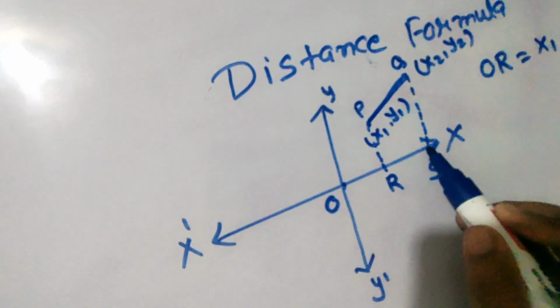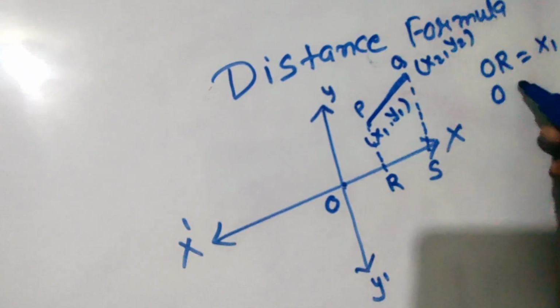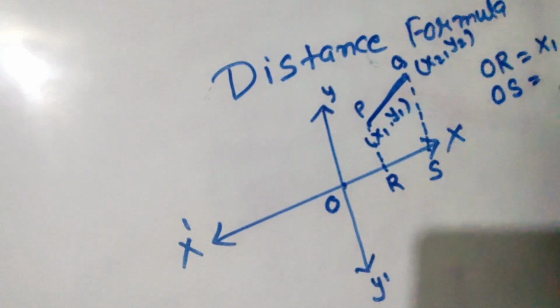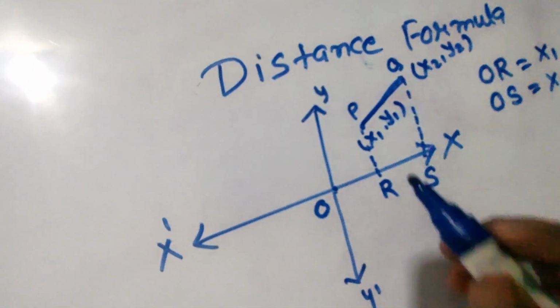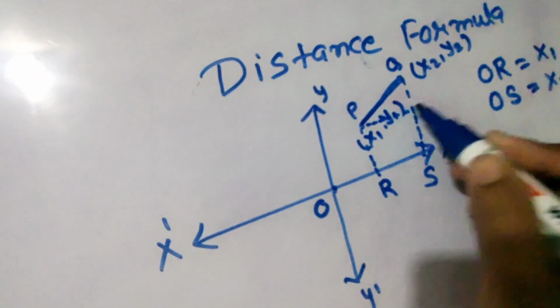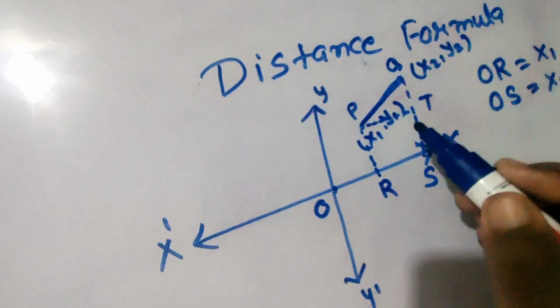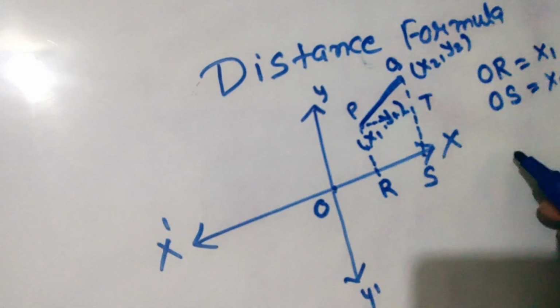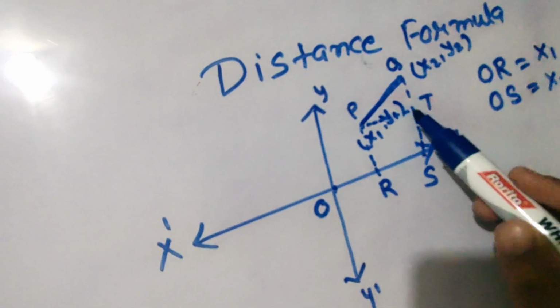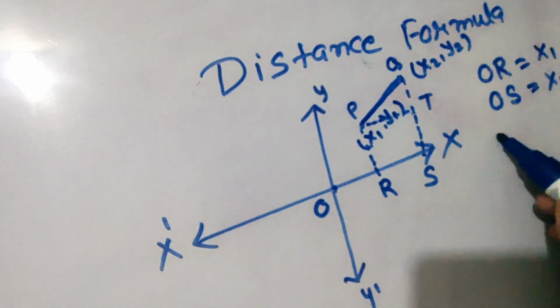And OS distance is x2. Then mark T here.